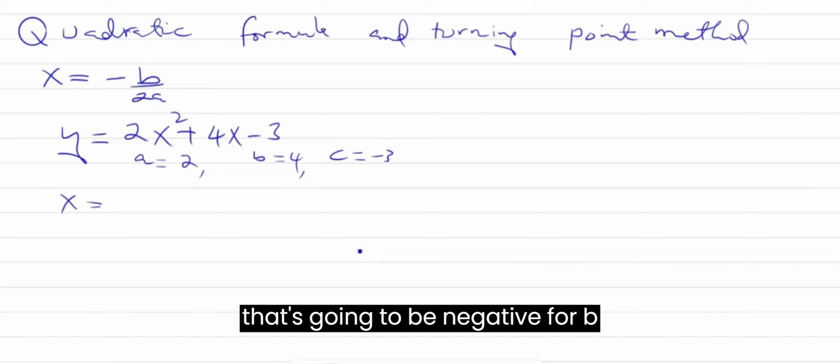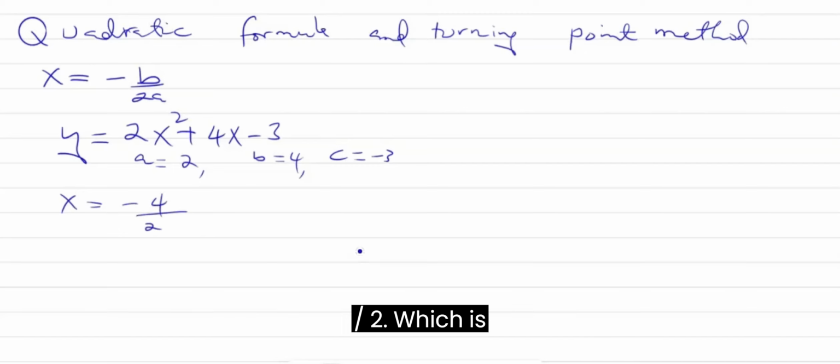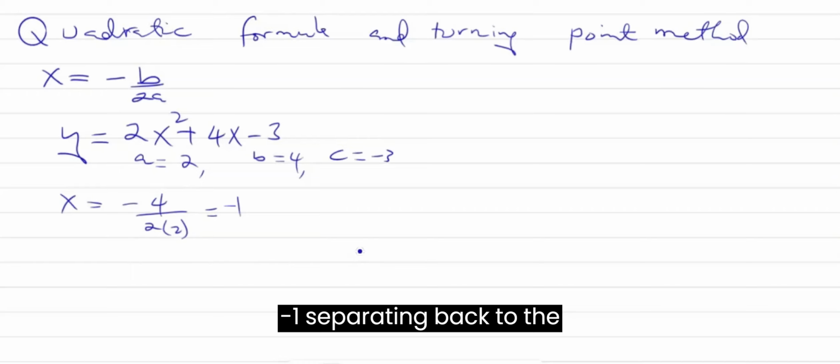So that's going to be negative 4 over 2, which is negative 1. Sub it back into the original function, which is 2.